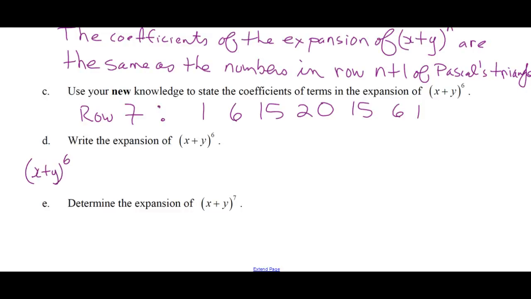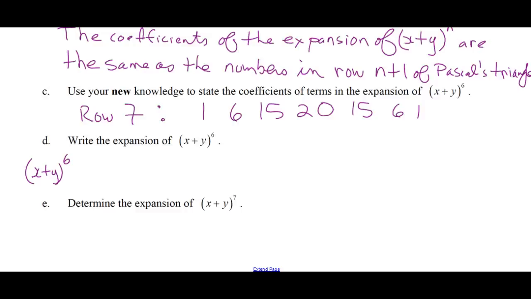You can do this without figuring out x plus y to the 5th, which requires x plus y to the 4th, then x plus y cubed, multiplying by x plus y each time, getting 12 terms and having to collect like terms. We don't need to do any of that.